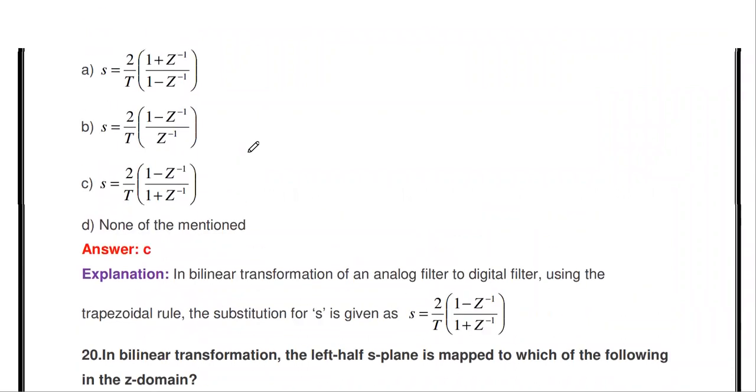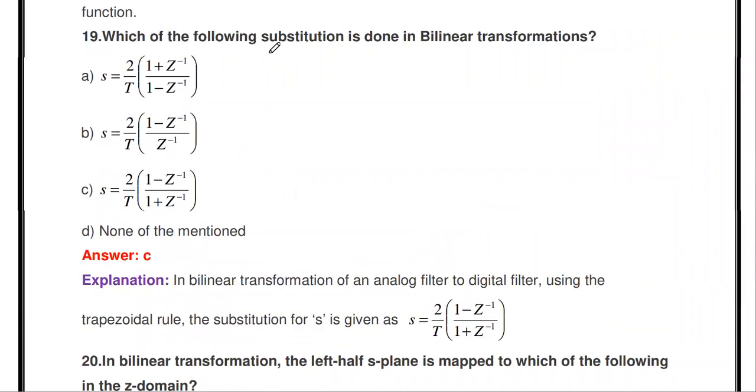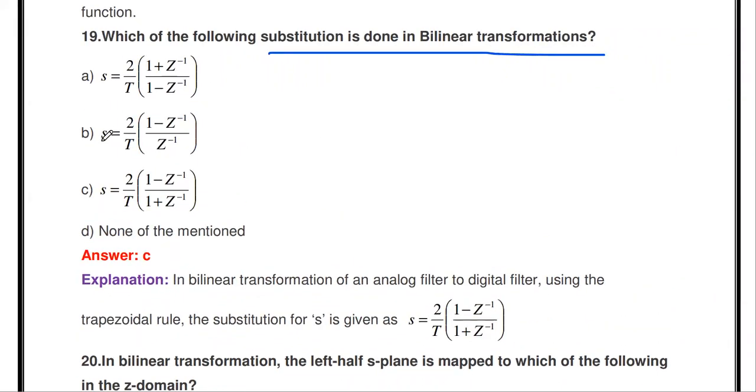Then, which of the following substitutions is done in bilinear transformation? While converting the analog filter into a digital filter, the Laplace variable s is converted into the z domain variable z. So while converting s to z, which substitution do we take? s is equal to 2 by T times (1 minus z inverse) by (1 plus z inverse).